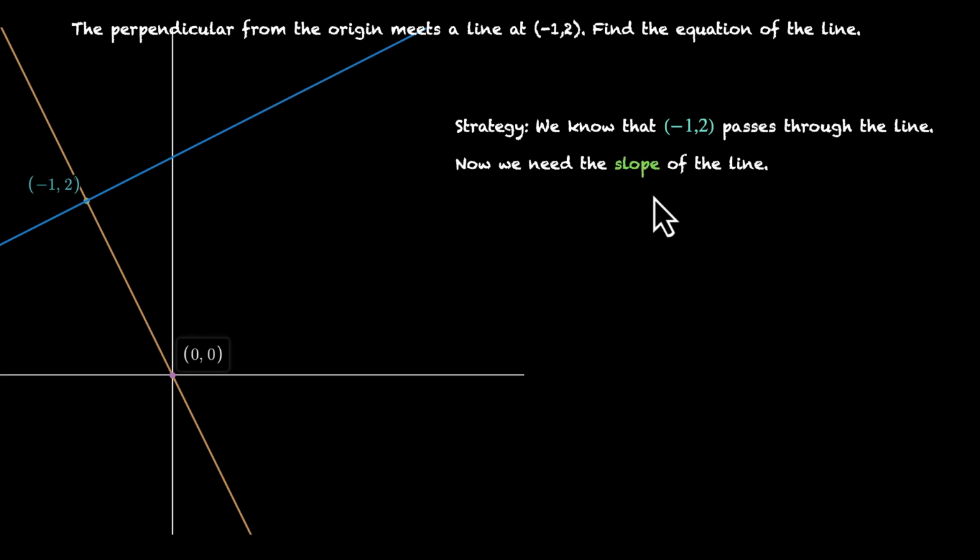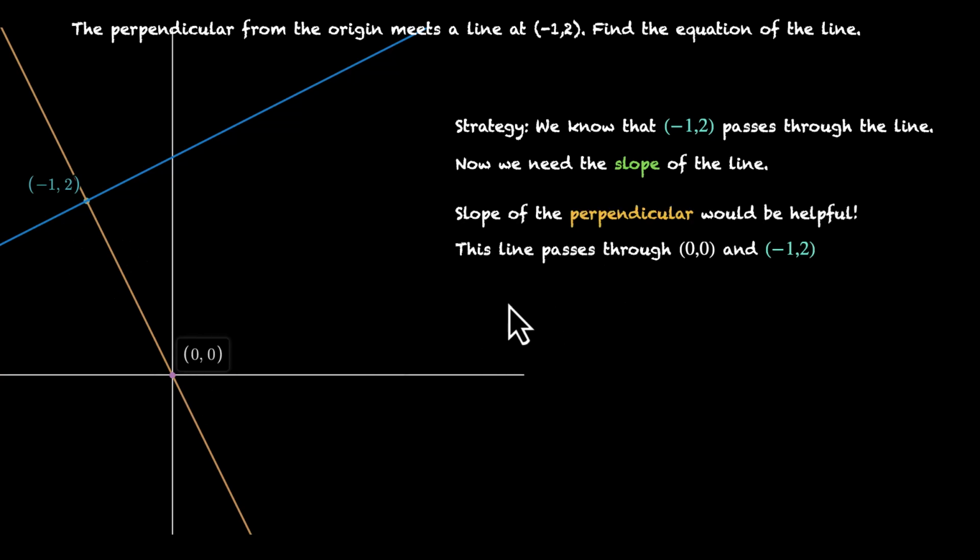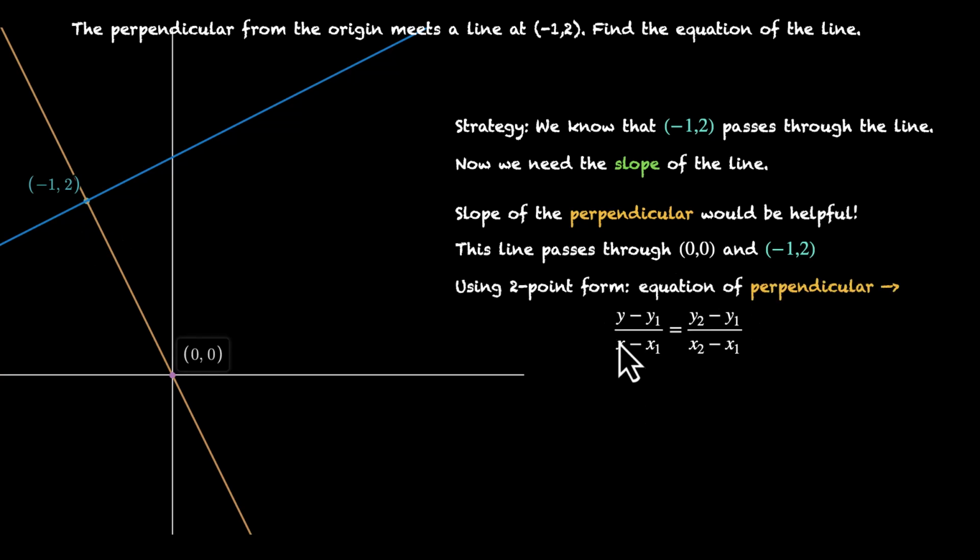For the slope, we can use the slope of the perpendicular, and we can figure that out using 2-point form. So this line passes through 0, 0, which is the origin, and -1, 2, which is the foot of the perpendicular. If you write the equation in 2-point form, this is what we have. (y minus y1) by (x minus x1) equals (y2 minus y1) by (x2 minus x1). This gives us the equation, but we can also stop at just the slope because that's what we care for.